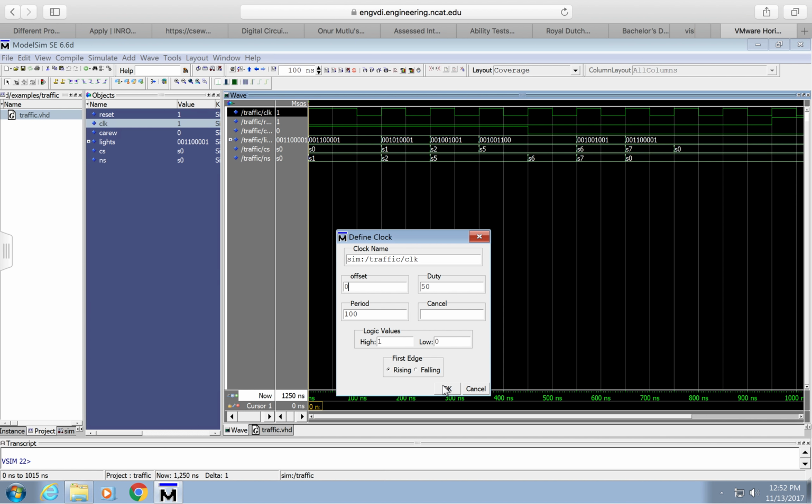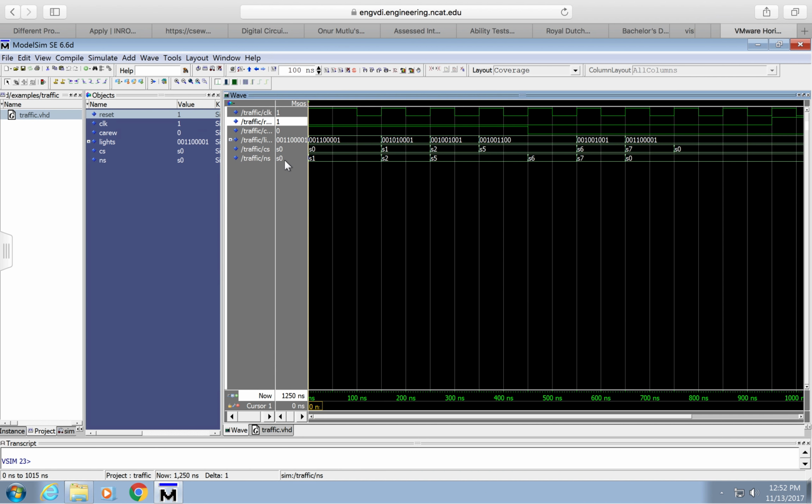And for my reset, I forced that to 0, and I started off forcing my sensor as a 1.